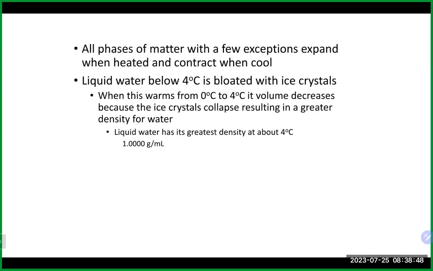So all phases of matter have a few exceptions when it's heated and contracted. As I mentioned, liquid water below 4 degrees is bloated with ice crystals. So when it warms from 0 to 4 degrees, the volume starts to decrease, which means the density goes up, right? And the warmer water goes down.